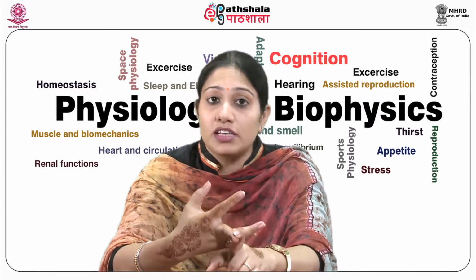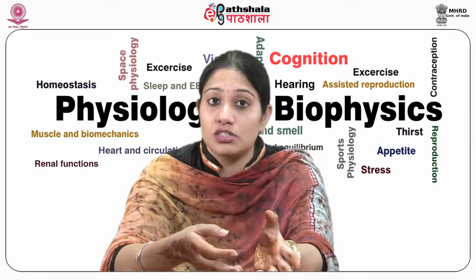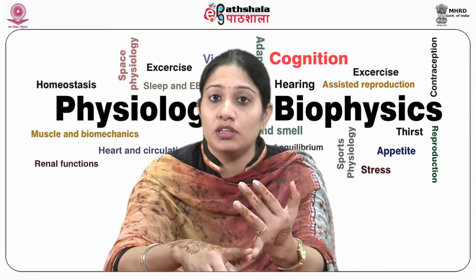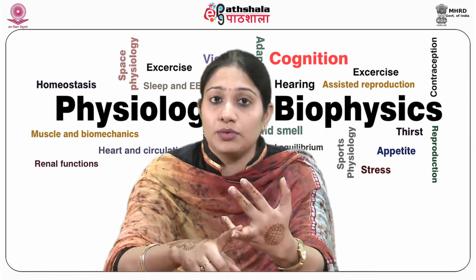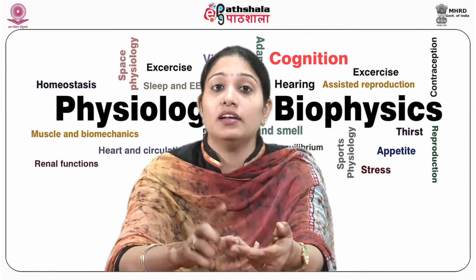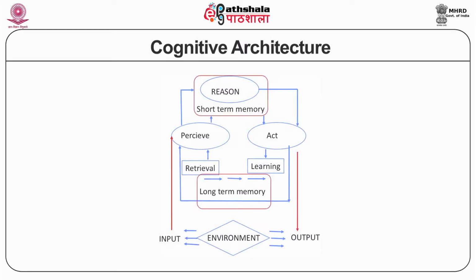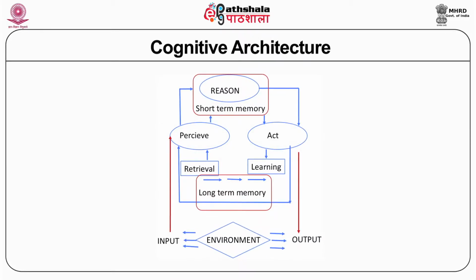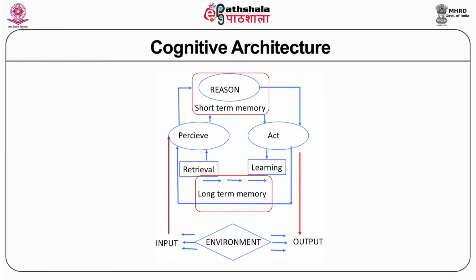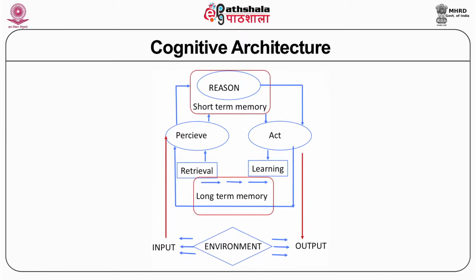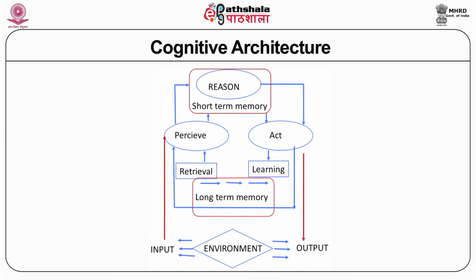The functional processes that operate on these structures, including the performance mechanisms that utilize them, and the learning mechanisms that alter them. So, this is the diagram which explains the connections of all the areas from input to output.